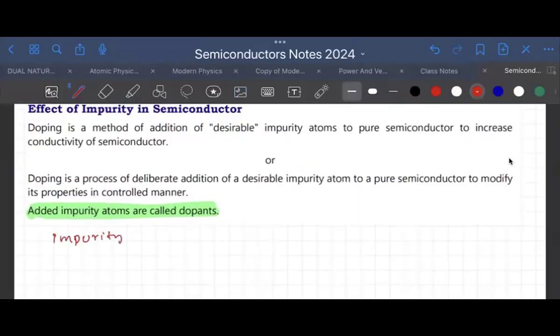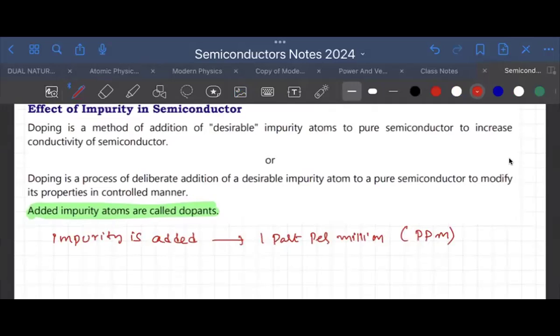You know how the impurity is added? Impurity is added as 1 part per million. This is also called ppm, parts per million.